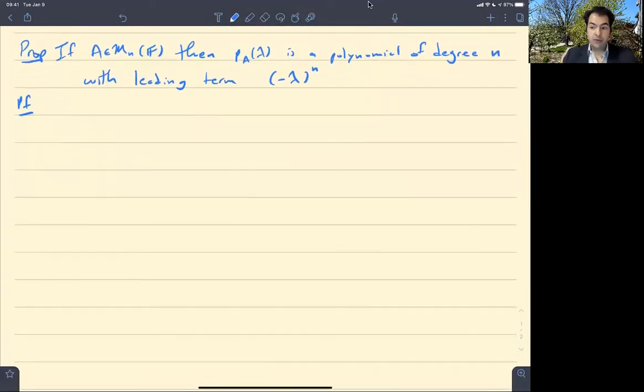Okay, so let's prove this. Let B be the matrix A minus lambda times the identity.